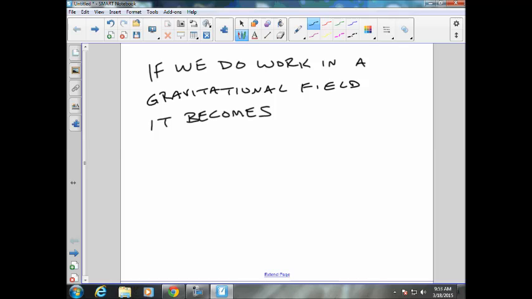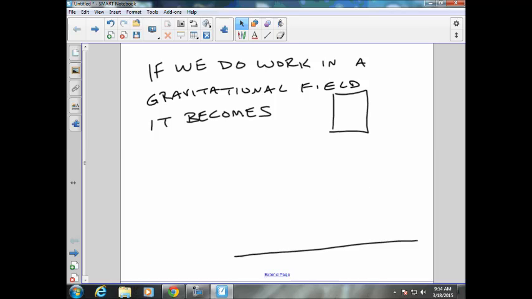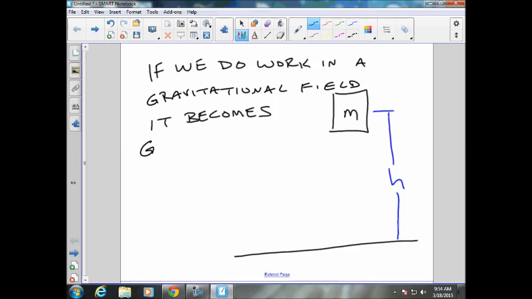If we lift something up in a gravitational field, we do work lifting an object in this gravitational field. If we lift it some height h, and it's got a mass m, it becomes gravitational potential energy.